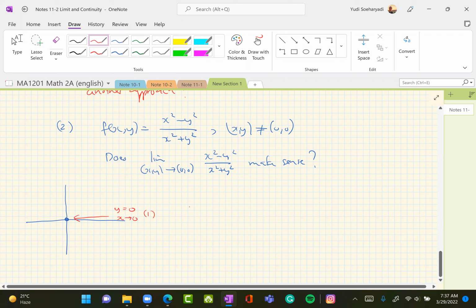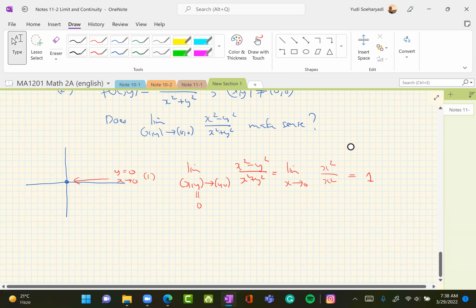So this approach gives you, in this case, you see that y equals 0. What remains is x going to 0. So just plug in y equals 0, then just x squared divided by x squared. So this limit was 1, right?